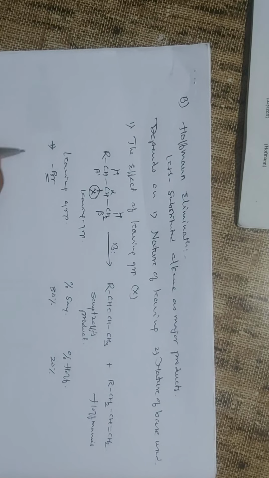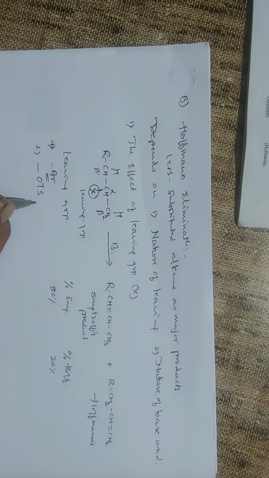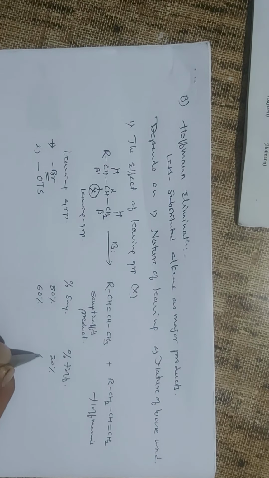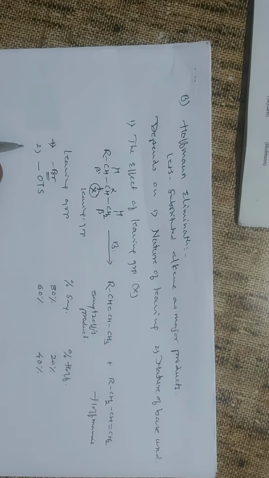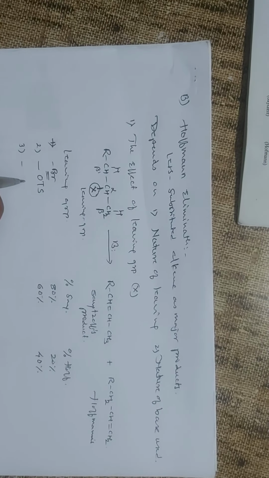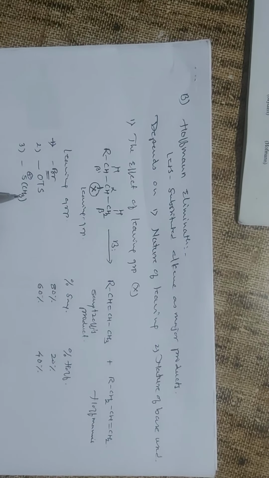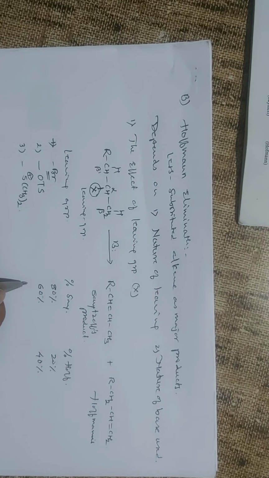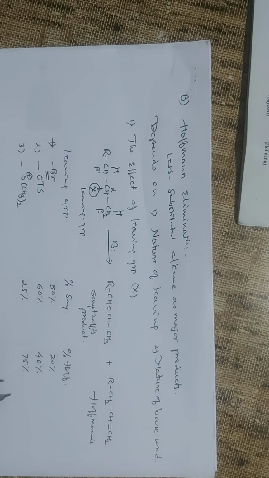and the minor Hofmann's product. But if you change the leaving group from bromine to OTs, that is the tosylate, the percentage of Saytzeff's product will decrease to 60% and Hofmann's product increases to 40%. And the third type of leaving group, that is the dimethyl sulfonium ion. Here you are going to get 25% Saytzeff's product and 75% Hofmann's product.